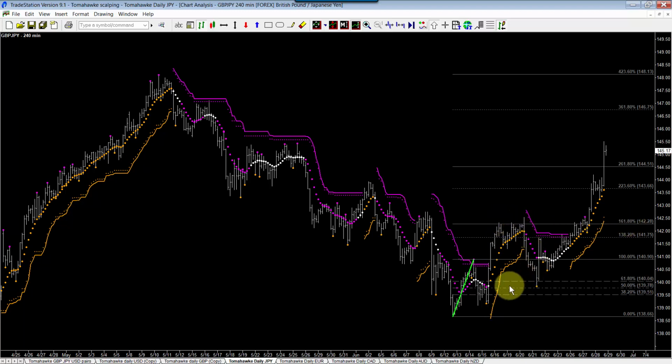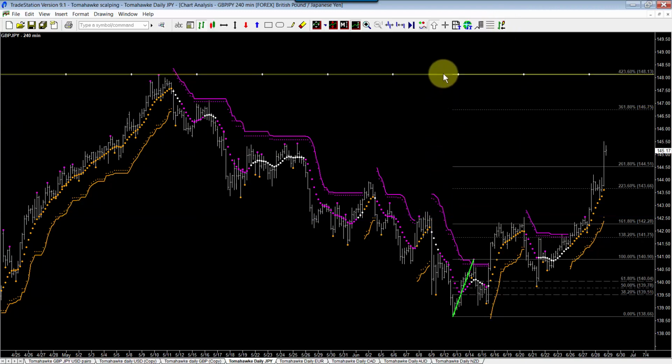We had a pullback right down to the 50 here, which is very significant, and then we've now gone on to a strong trend run, pausing at the 161 level, little congestion at 223 level, and now with the very bullish mood of the pound today, we are now targeting the 423 level, and there'll be no surprise to see that this level does correspond with a previous high, and I think you can see that that's the case there.